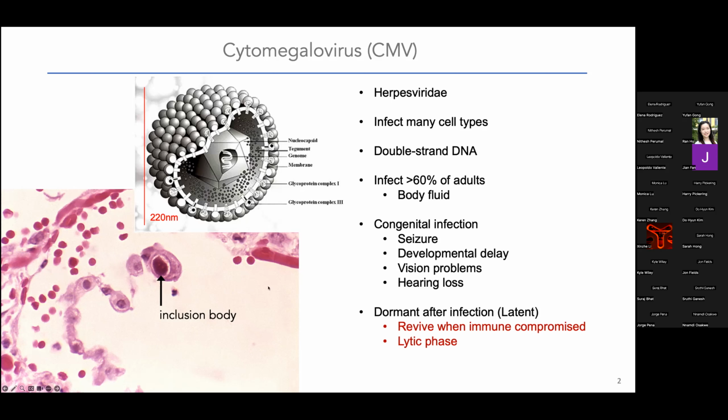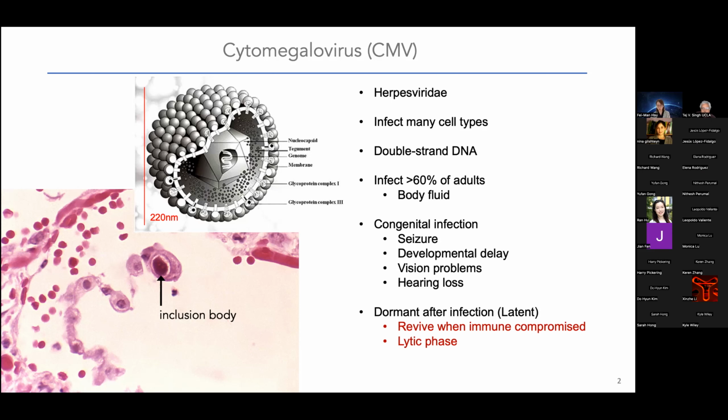Cytomegalovirus came into our studies because more than 60%, and in some areas even up to 100%, of adults across the world are infected. Transmission is basically through body fluids, like blood transfusions.